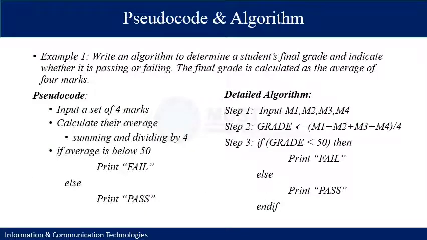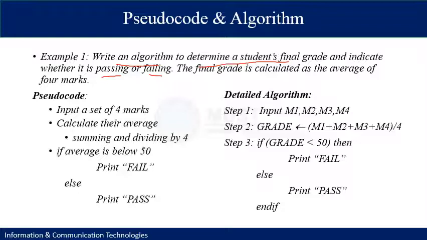This slide will help you to understand pseudocode and the algorithm with the help of an example. In this example, we are given a problem task: to write an algorithm which will help you to determine the student's final grade, and it will indicate whether it is passing or failing. The final grade is calculated as the average of 4 marks.